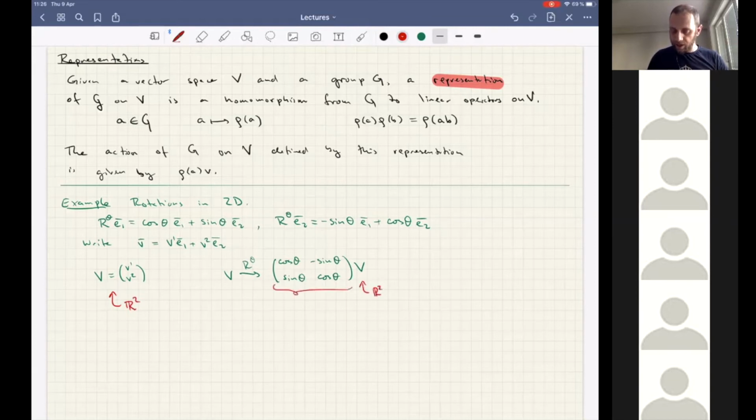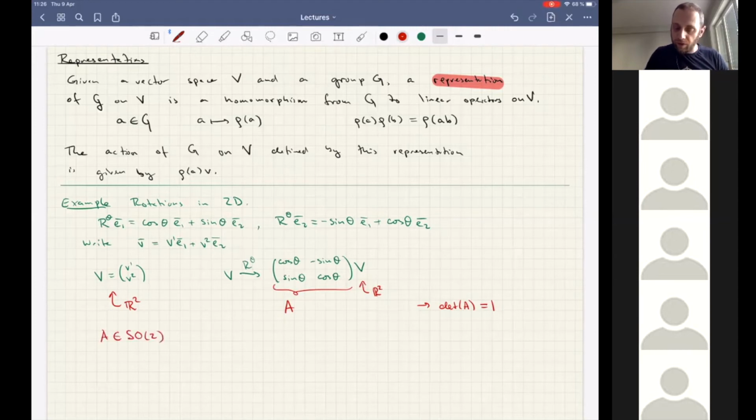What is here is a linear operator on R2, so it's a 2x2 matrix, which maps a vector in R2 to R2. If we call this A and take the determinant, we find that the determinant of A is 1, because it's cosine squared plus sine squared. And if we go back to the end of the last hour, we see that this is actually the definition of A being an element of SO2.